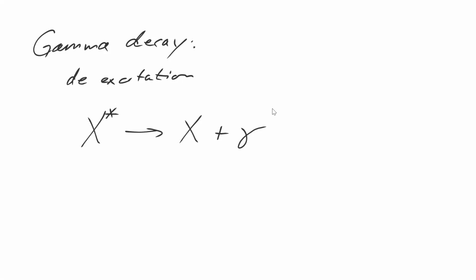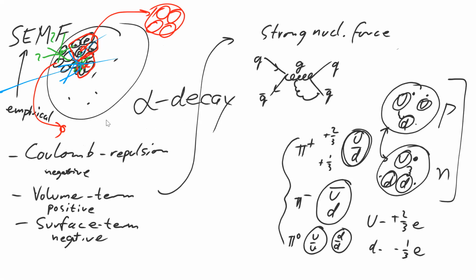And then we have seen with this semi-empirical mass formula that going from high Z to low Z means also free neutrons.